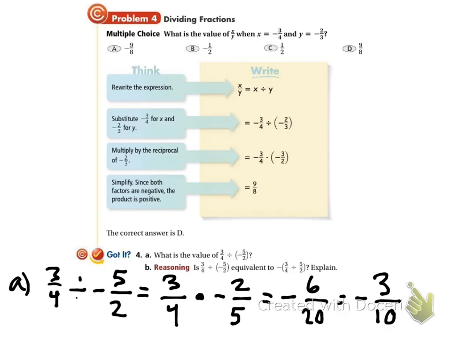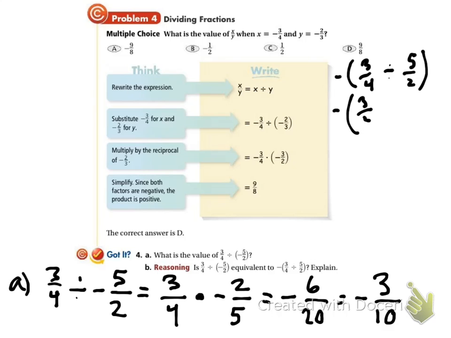And then it says, is 3/4 divided by negative 5/2, what we just did, equivalent to negative 3/4 divided by 5/2? Well, over here to the side up top, I'm going to do negative 3/4 divided by 5/2.